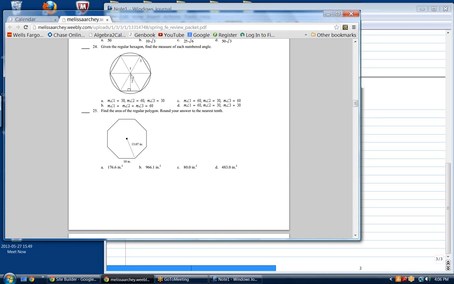So this radius is equal to this radius, which means this angle is equal to that angle. And since angle 1 is 60, and these two have to add to 120, they each have to be 60. So it has to be 60, 60, 60, because this is isosceles. Okay. So angle 3 would be 60.